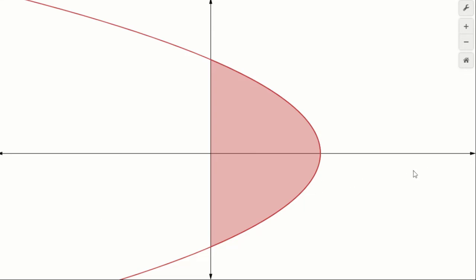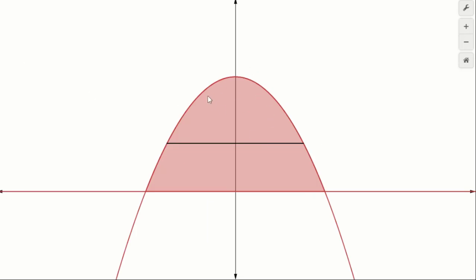Keep in mind, this is the y-axis. So let me once more switch back to the other version. You see, this is the high peak of the downward parabola. This was y equals 3 minus 1/2 x squared here. So imagine once our stripe hits the top right here, that value has to be y equals 3.